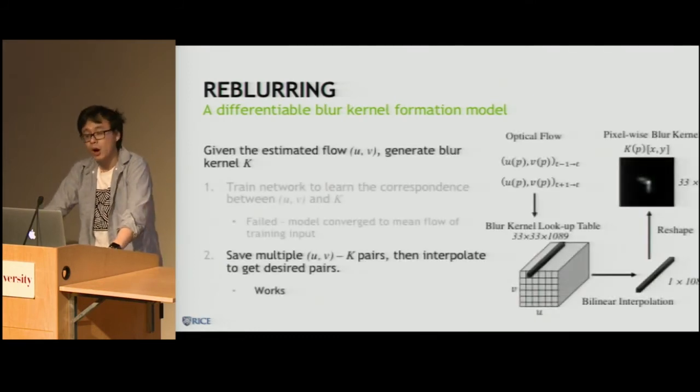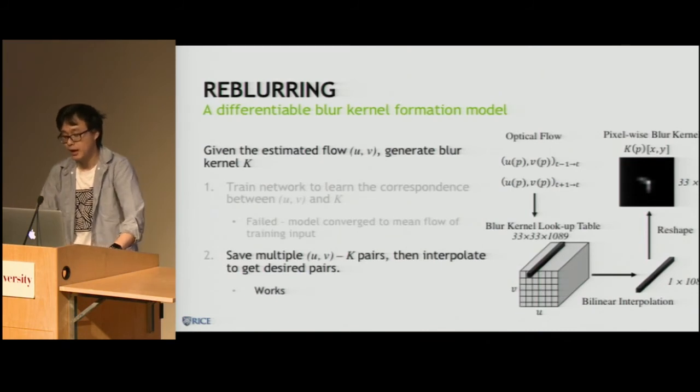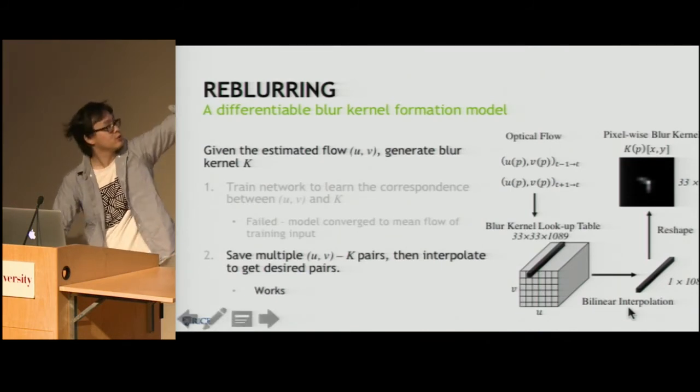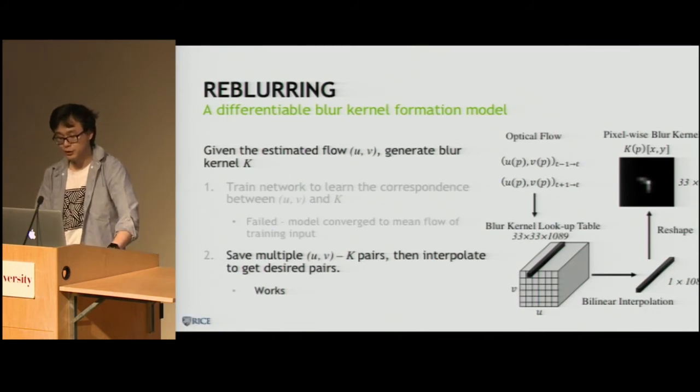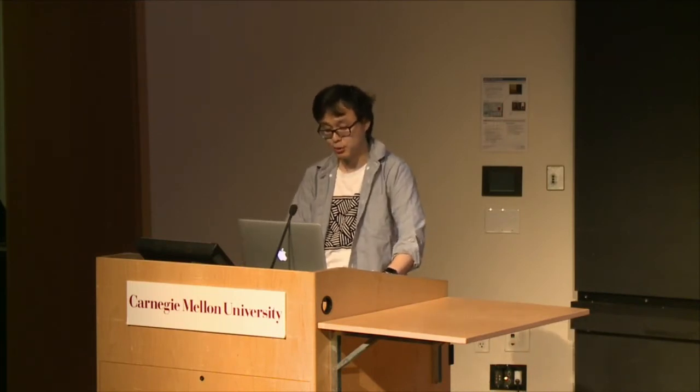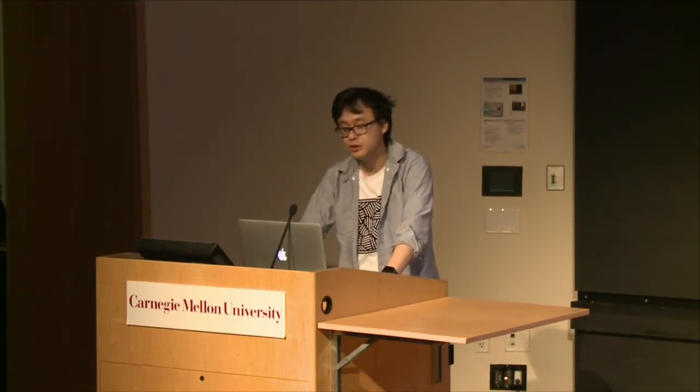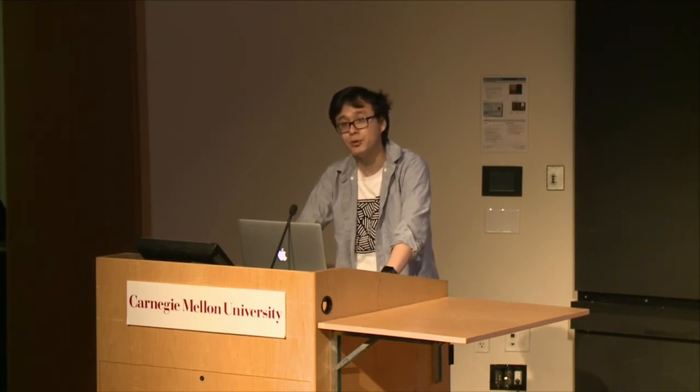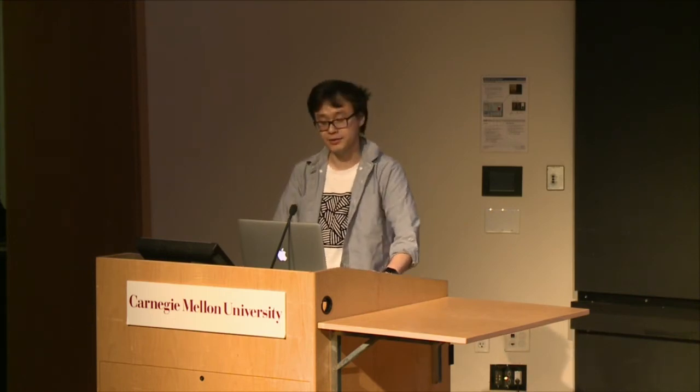So instead, we built a lookup table that, at a given UV integer location, which represents the flow field, provides a vectorized blur kernel. Then for arbitrary UV flow, we use bilinear interpolation to sample the corresponding blur kernel. And this bilinear sampling step is differentiable.